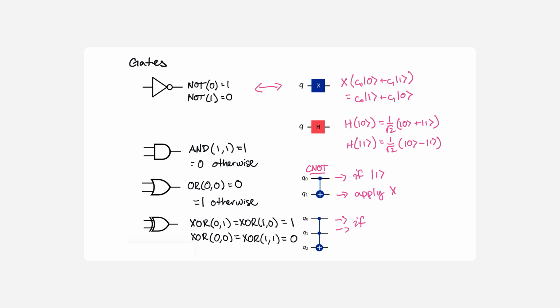If both Q0 and Q1 are in the state |1>, then you apply an X to Q2. This can be seen as a quantum version of the AND gate, where the AND is applied between the 2 control qubits, and the value of that operation is stored in the target qubit. This third qubit is necessary for making that quantum AND gate reversible, as we discussed before.